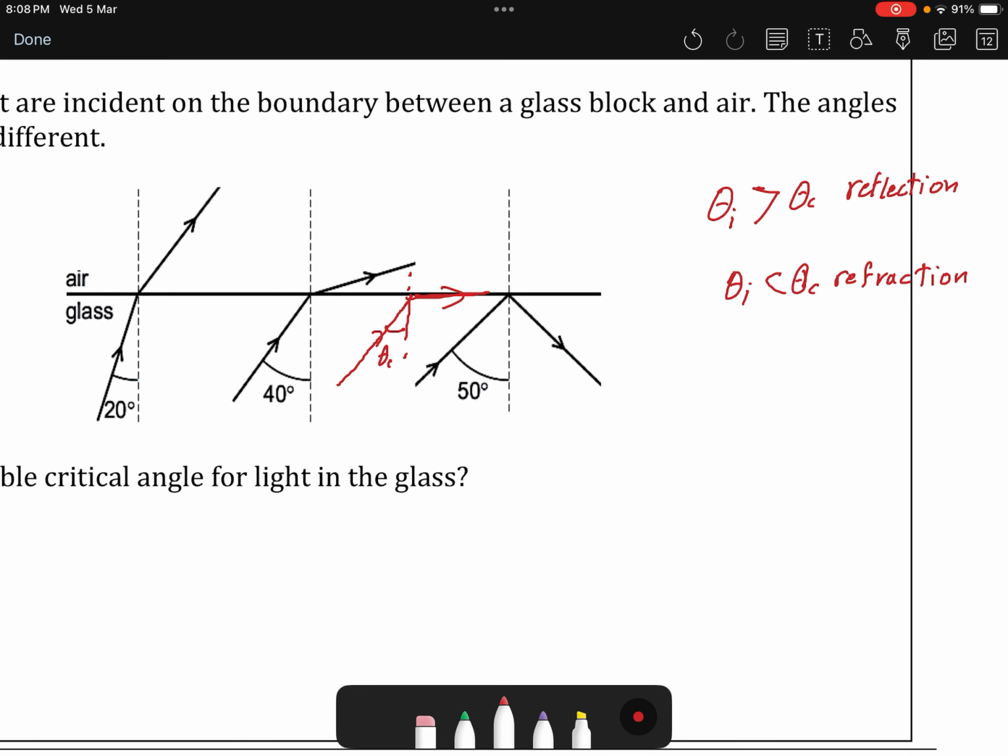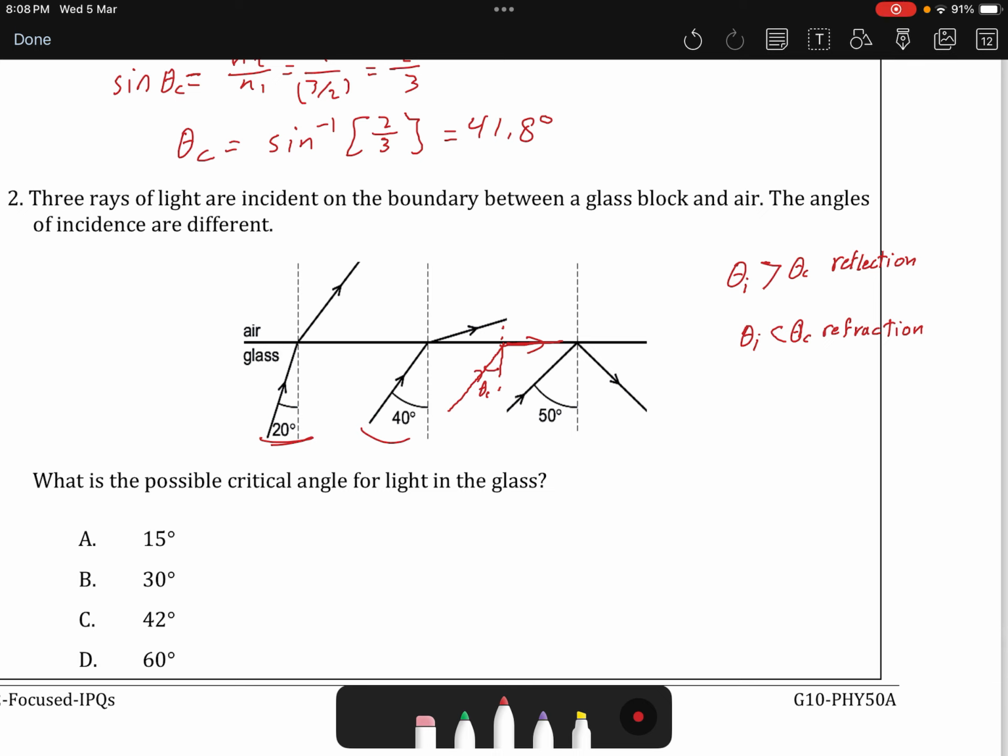So that means at 20, we have refraction. So 20 is less than the critical angle. At 40, we have refraction. So it's less than the critical angle. So the critical angle is greater than 40. Now at 50, we have total internal reflection. So the angle 50 is greater than the critical angle. So the critical angle is less than 50 and more than 40.